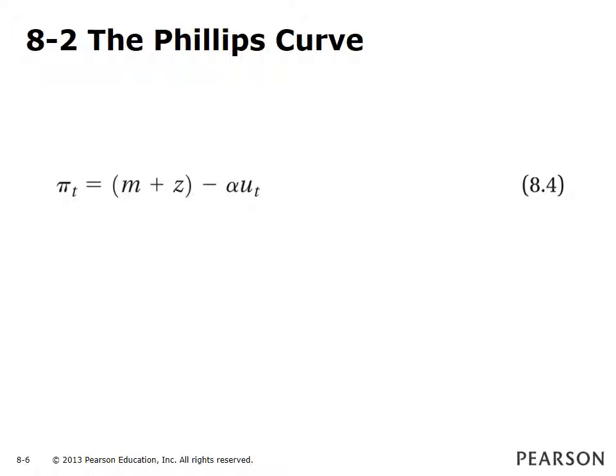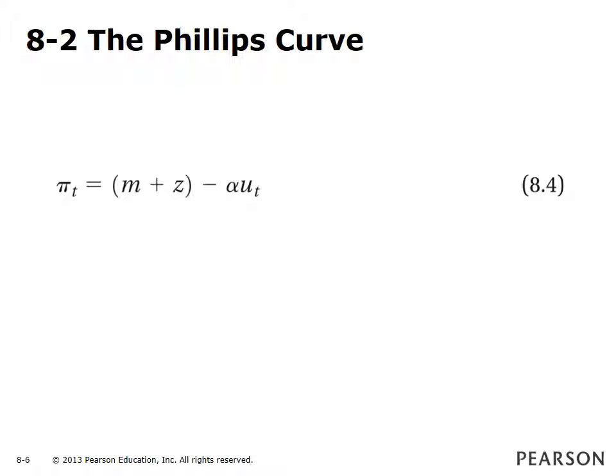Equation 8.4 is the equation for the original Phillips curve. It is derived from equation 8.3, where expected inflation rate is set to 0 because during the period that Phillips, Samuelson, and Solow studied, average inflation and hence expected inflation was 0. Prices rose in some years and fell in others, so people essentially on average expected them to remain unchanged.